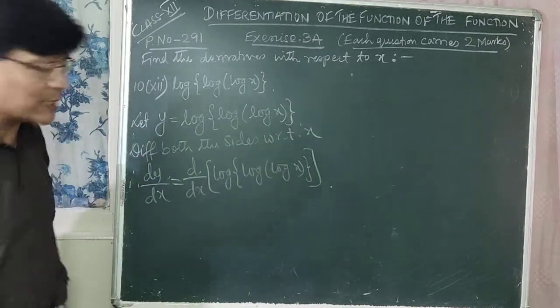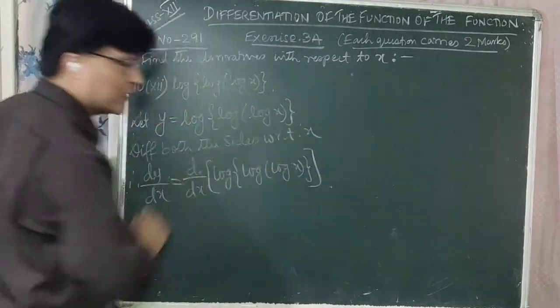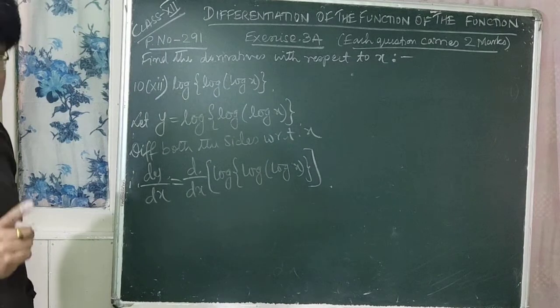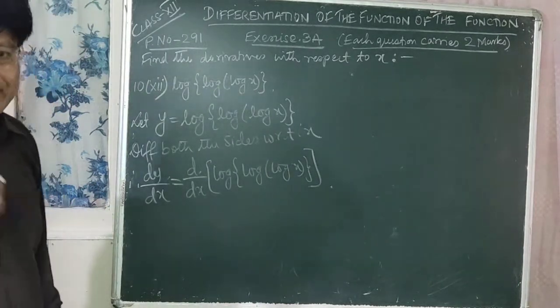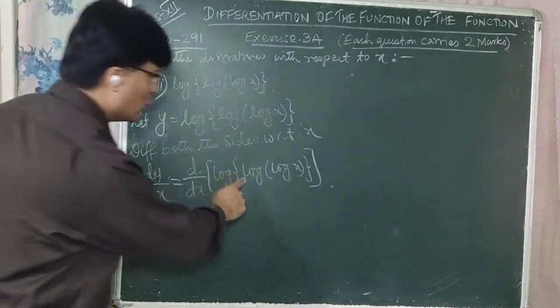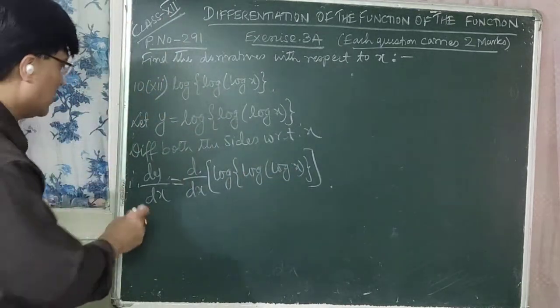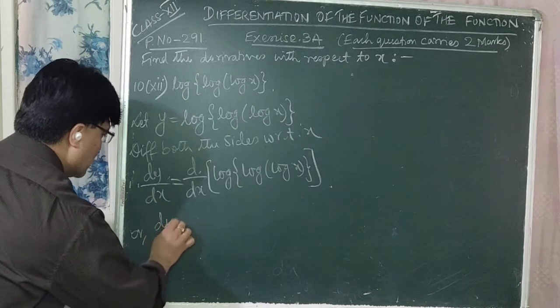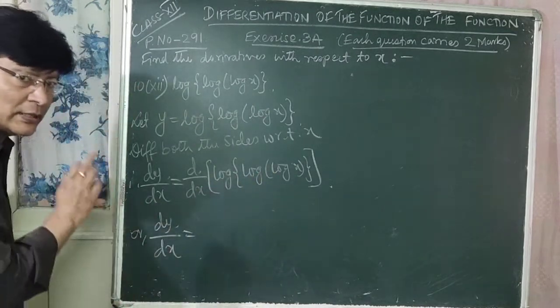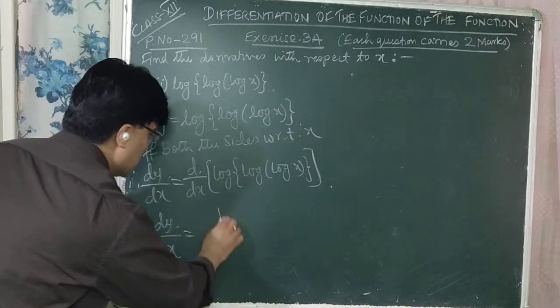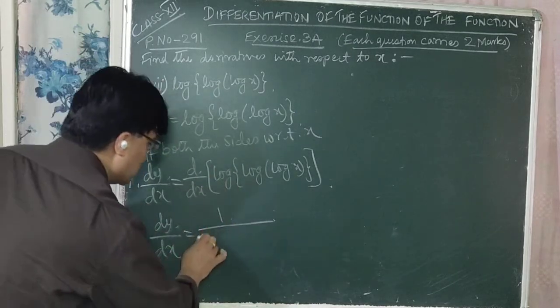Now which function is taken as x? Log of log x. Right? What is the differentiation of log x? 1 upon x. But what is x here? Log of log x. Right? So here dy by dx is equal to, this is of the form log x. Differentiation of log x is 1 by x. 1 by, what is x out here?